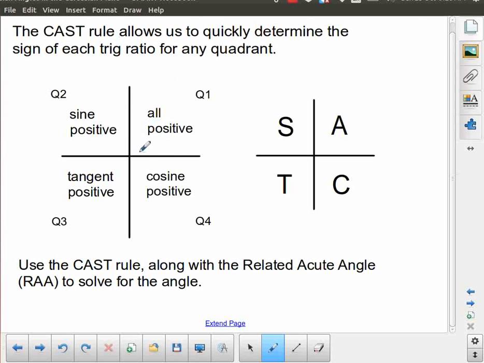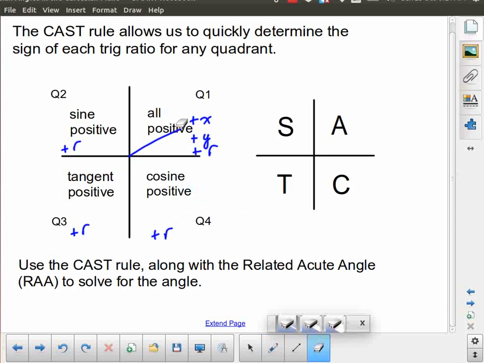So for example, if we are in the first quadrant, then I know that my x coordinate is positive and I know my y coordinate is positive. And of course my r value is always positive because the radius is always positive no matter where I am.